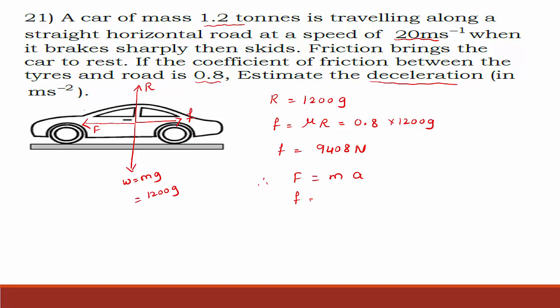So we can write F equal to ma. 9408 is equal to m into a. So we have 1200 into a. So we can calculate the value of acceleration, or we can take it as deceleration, 9408 divided by 1200. So we can get the answer in negative terms, that is 7.84 meter per second square. So the deceleration of the car is 7.84 meter per second square.